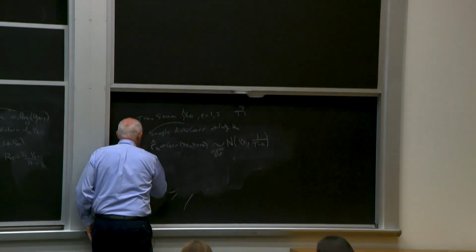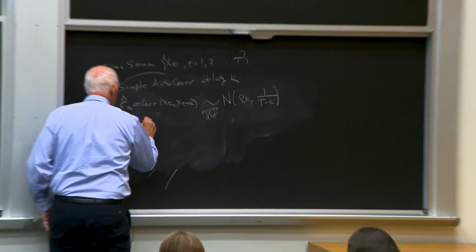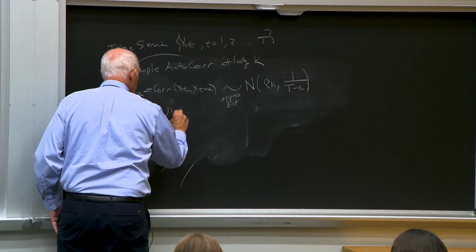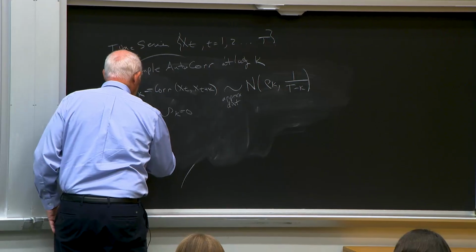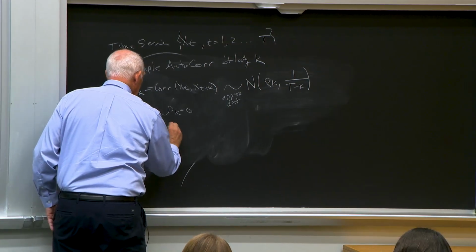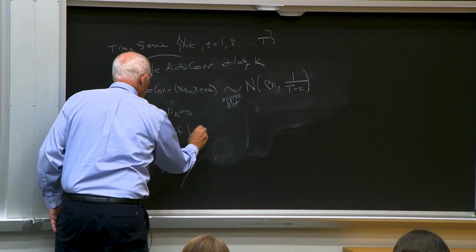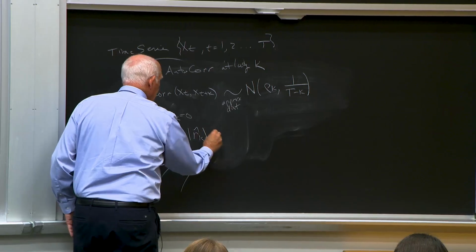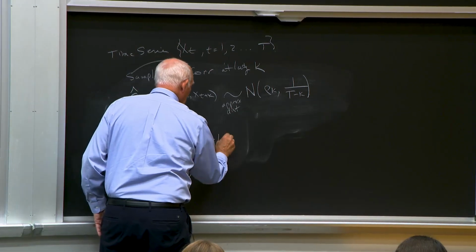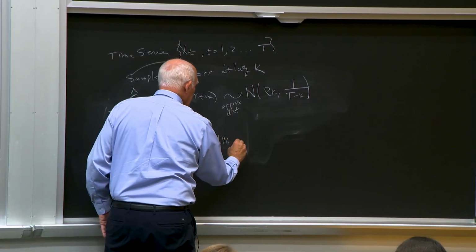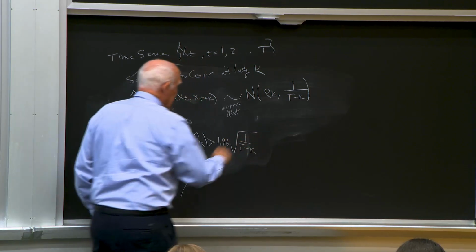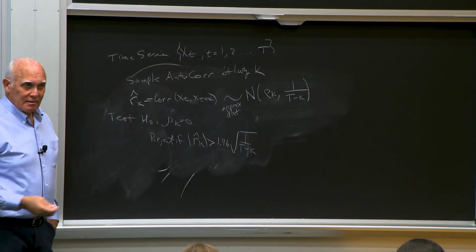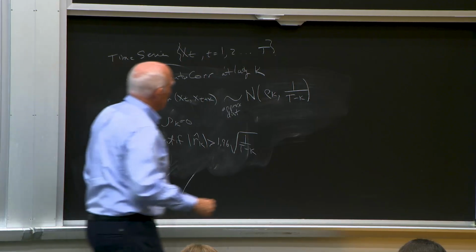So if we want to test a null hypothesis that rho k is equal to 0, we can say reject if r hat k is greater than 1.96 times the square root of 1 over T minus k, applying a normal model for that return distribution.